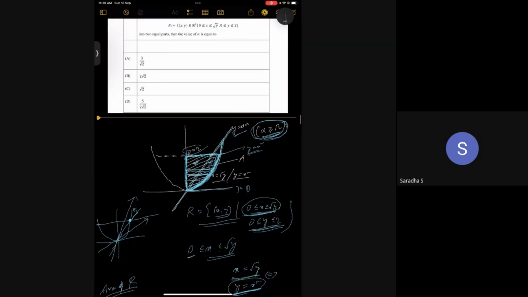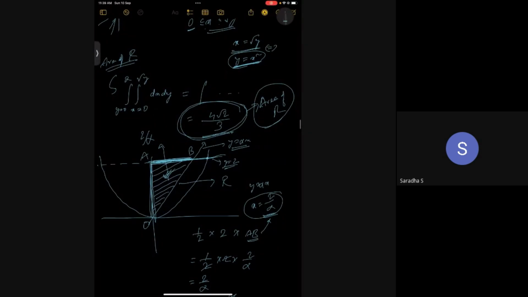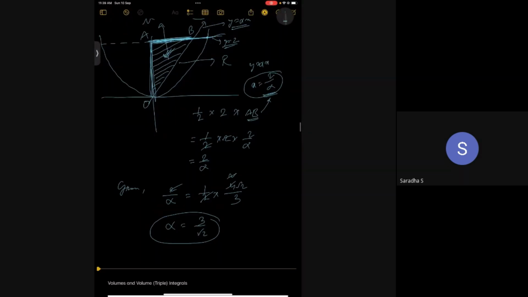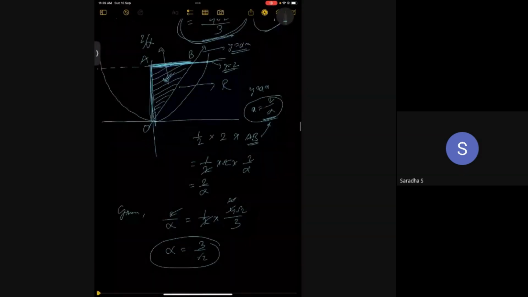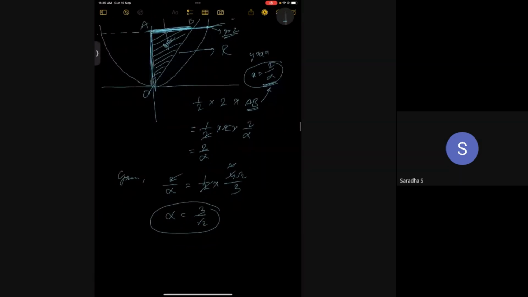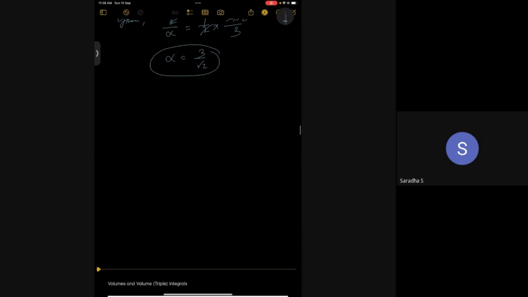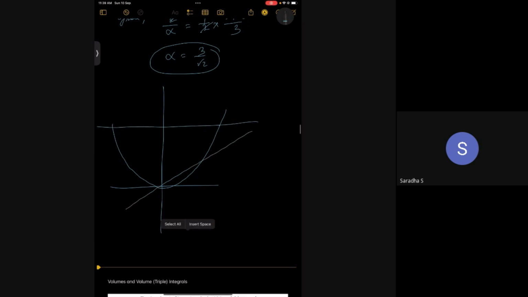Okay, let me just go a little bit further and say why we took alpha to be greater than or equal to root 2. If alpha was less than root 2, then the line would have been something like this.